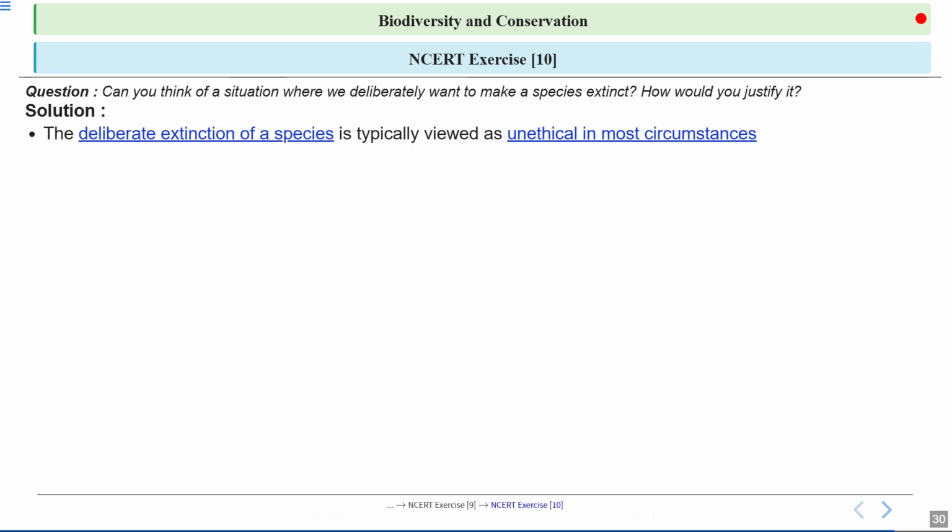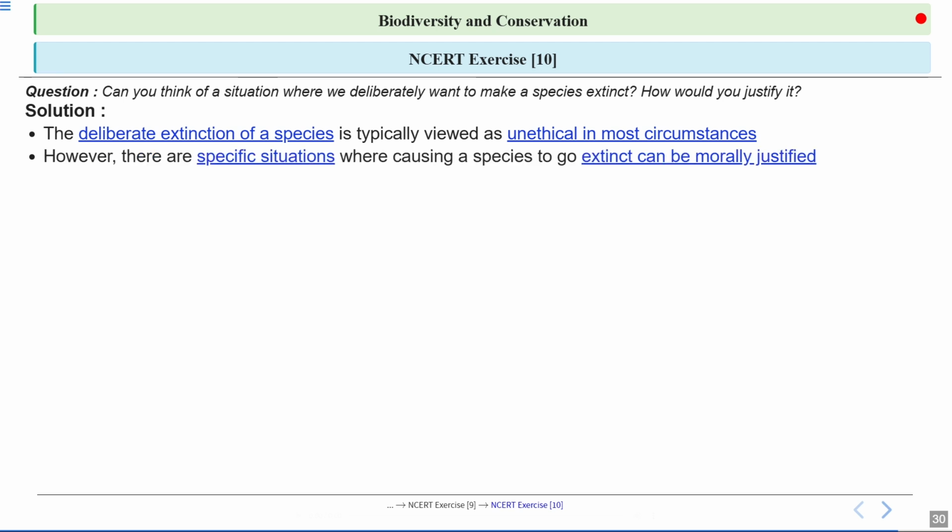Now, making an intentional extinction of a species is unethical. This will harm the environment as well as future generations. In some cases, making a species extinct may be considered morally acceptable, such as when the species poses a serious threat to human health or safety, or when its survival is not possible despite conservation efforts.